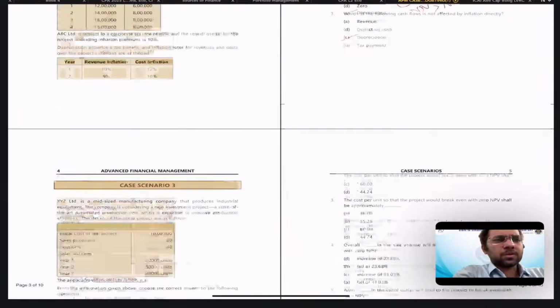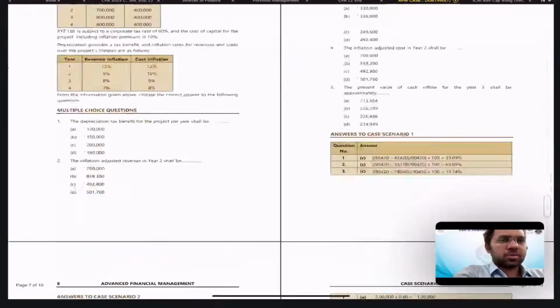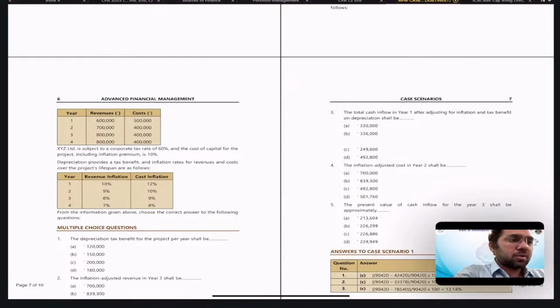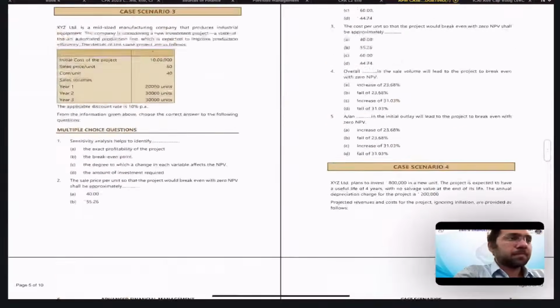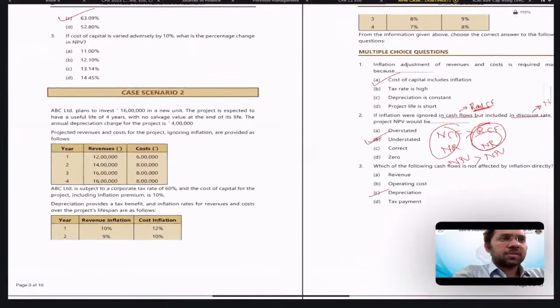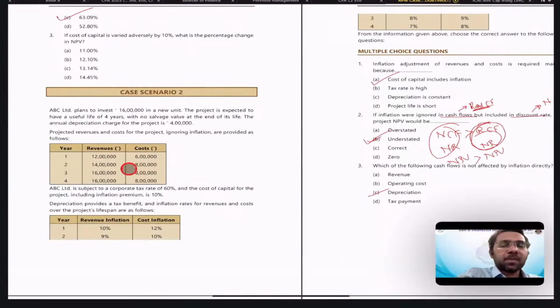Before we go for the next question, we have four case scenarios. But the second one can be an independent question also. It's looking for investment. These are the cash flows that we have, revenue and cost, ignoring inflation.